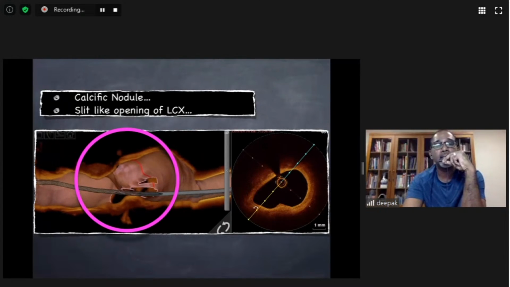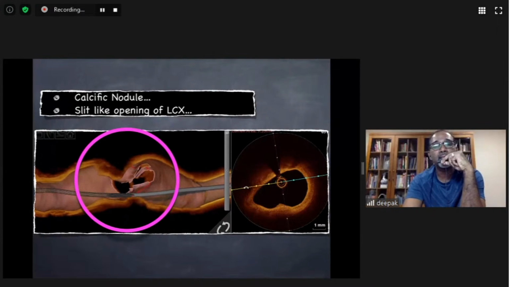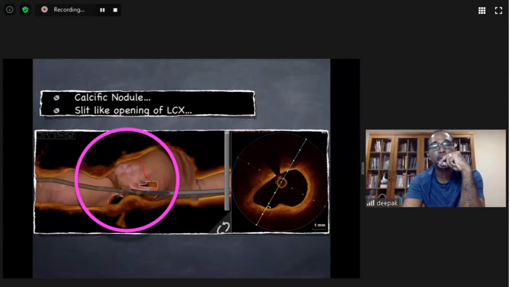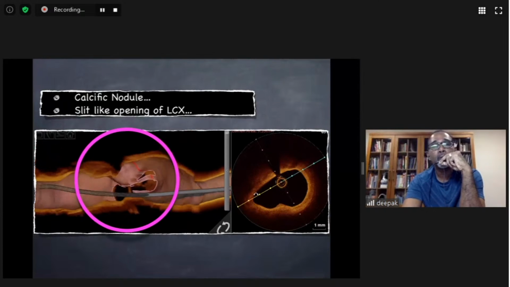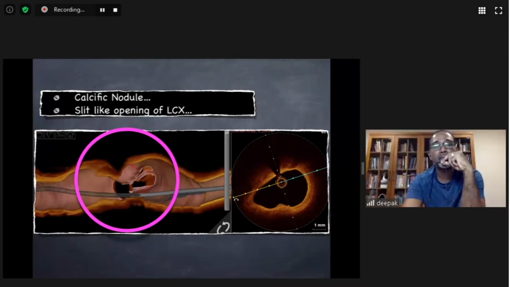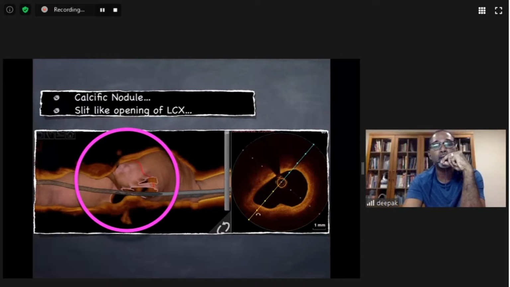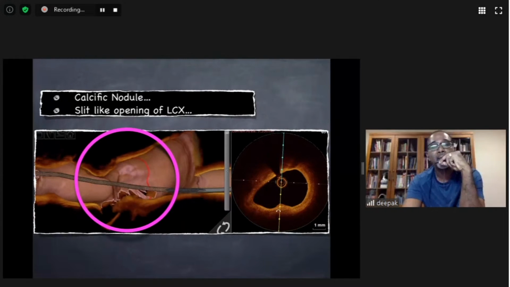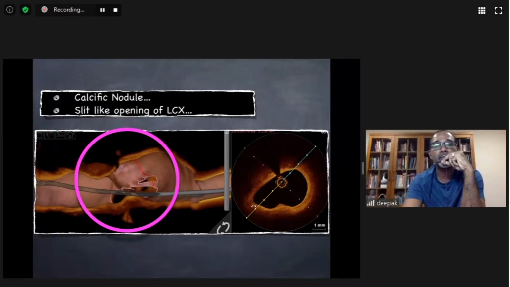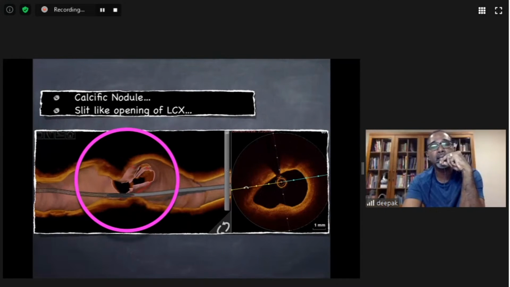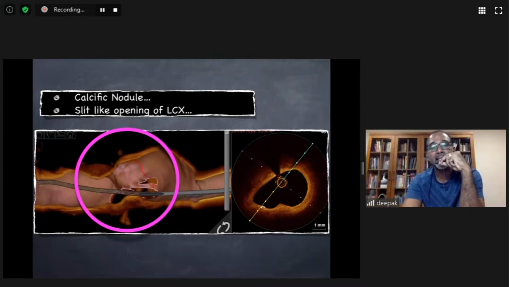You can see here that it's a slit-like opening of the circumflex. Initially, by looking at the angiography, we had a feeling that there was a shelf-like projection at the left main bifurcation, so we might find it difficult to wire the circumflex artery. But by looking at this 3D reconstruction with the help of OCT, you could see here that the circumflex ostium is a slit-like opening.